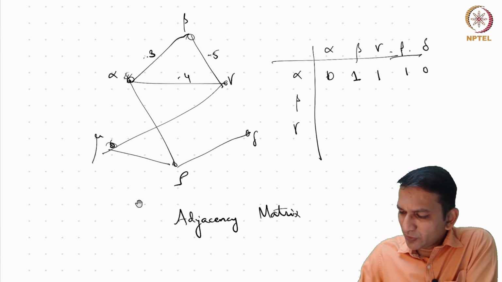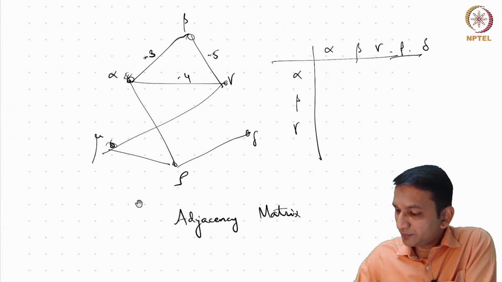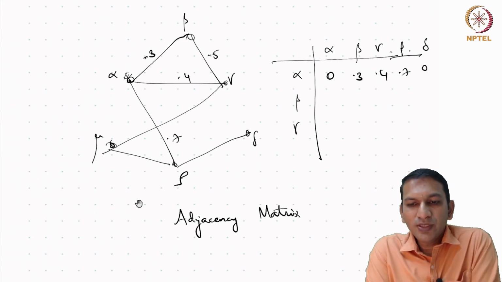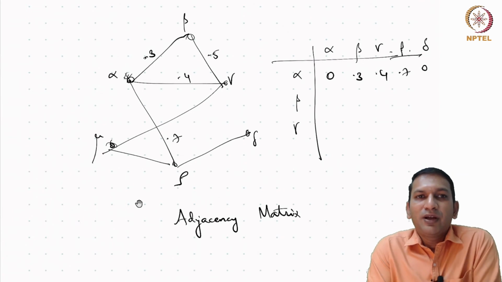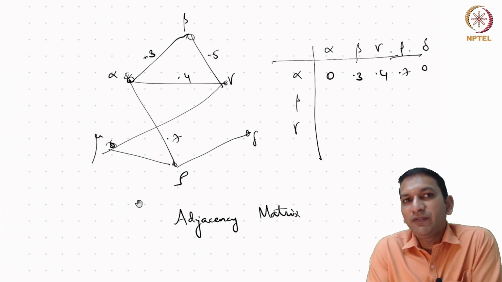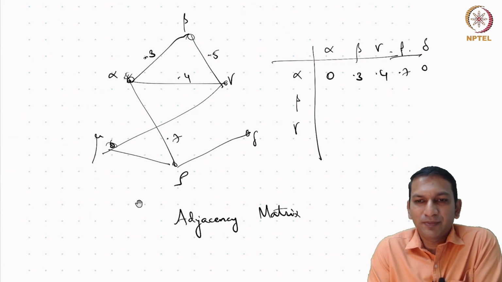If these were actually representing weights, then what we would have in this matrix are numbers from 0 to 1. 0, alpha, beta is 0.3, alpha, gamma is 0.4, 0.7, and 0. So you see here, immediately the adjacency matrix of a weighted graph turns out to be a fuzzy relation. That means a relation which takes numbers between 0 and 1.